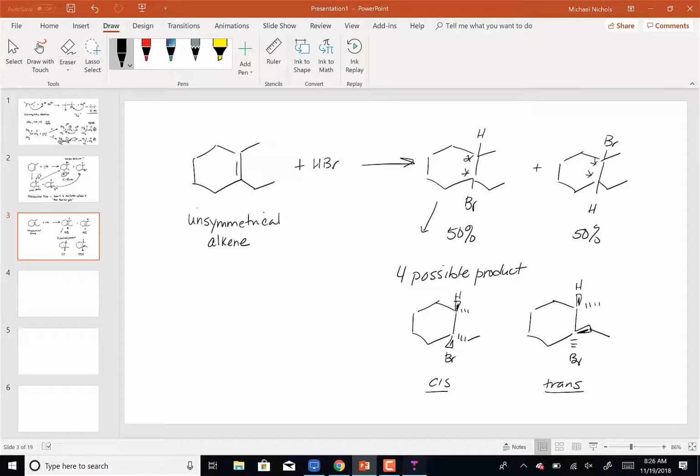So then I go back to my question. How does HBr, how does HCl, how does HI, how do they add? 50-50, 100% cis, or 100% trans?